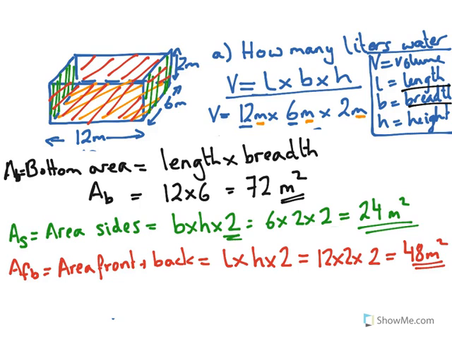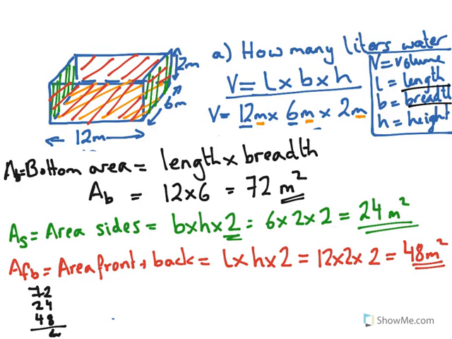So we now know the area of all the different sides, and the bottom. Of course, there's no top to our swimming pool, otherwise we wouldn't be able to dive in and swim. So now we have the different areas, and we can just add those together. To get the total area of surfaces that we would need to tile, we'd need to add 72 plus 24 plus 48. That will give us 14, which I can't write because there's not enough space down there.